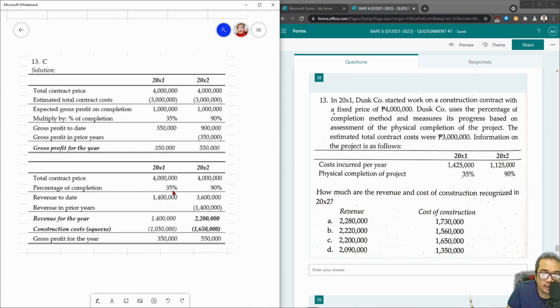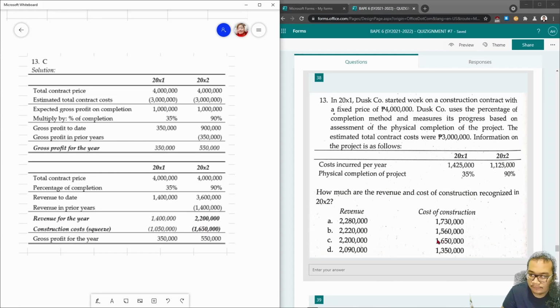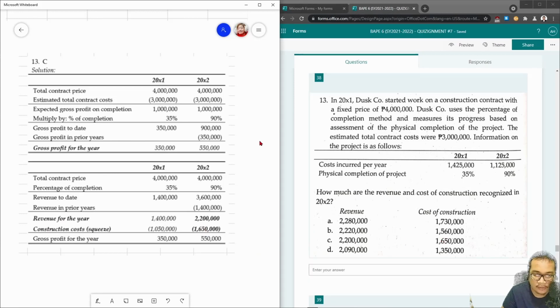So, 4 million times percentage of completion, revenue to date, 1.4 and 3.6. Tanggalin mo yung previous year, 1.4. Revenue for the year natin, 2.2. Then, may gross profit for the year ka na, gamitin mo itong sa taas, lagay mo dito. Para ma-squeeze mo yung construction cost, 1,650,000. So, that is letter C.